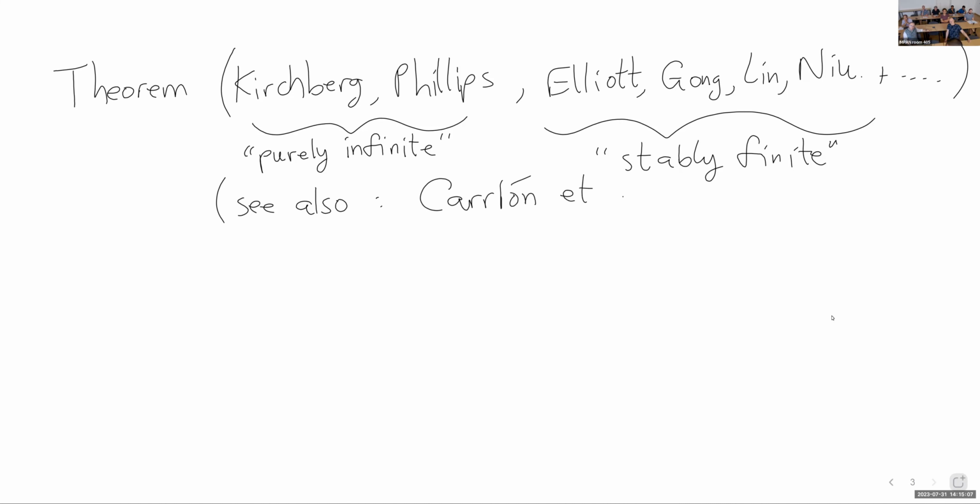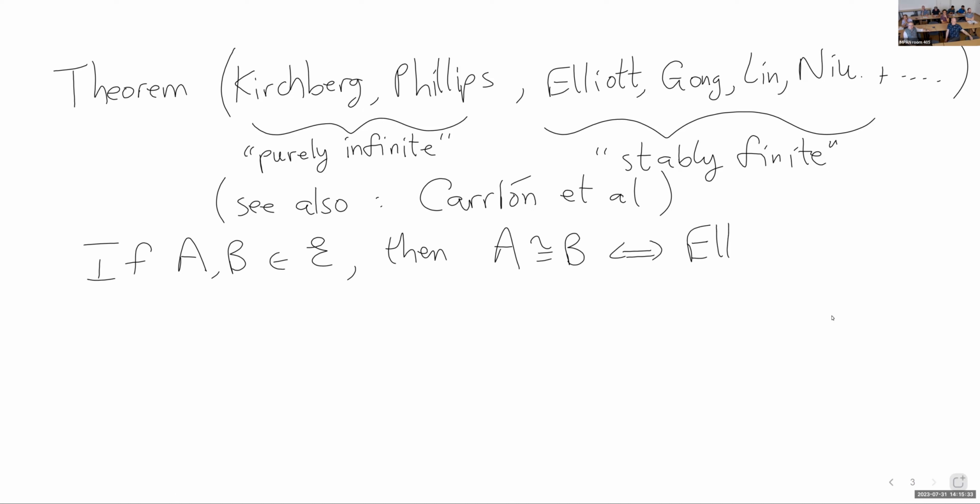All right, so the theorem is that if we have two objects in our category, then they are isomorphic if and only if the Lu invariants are isomorphic.